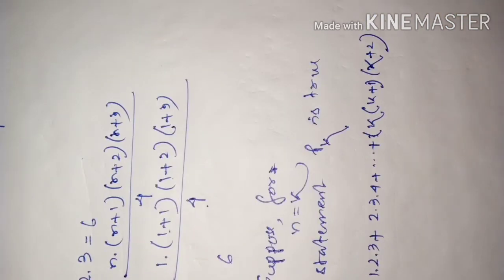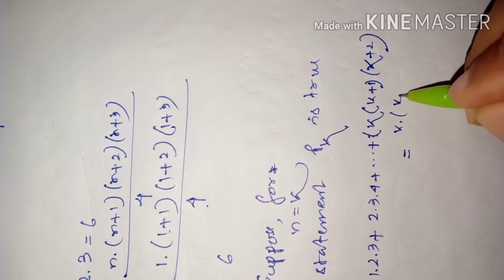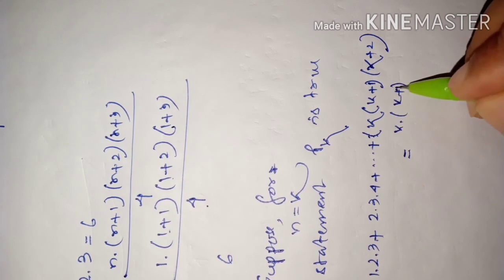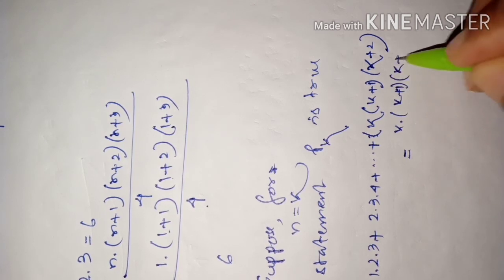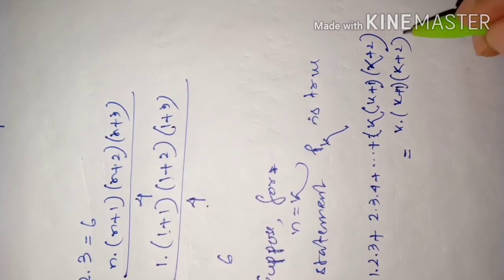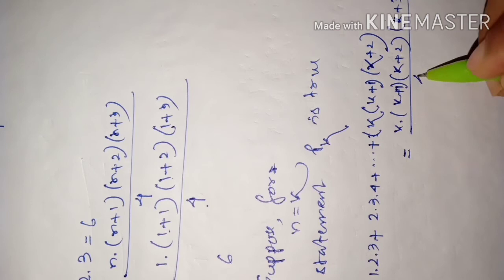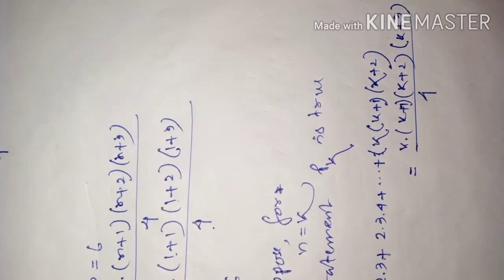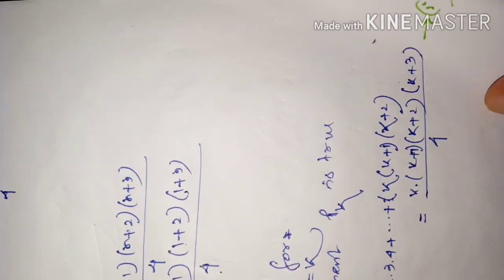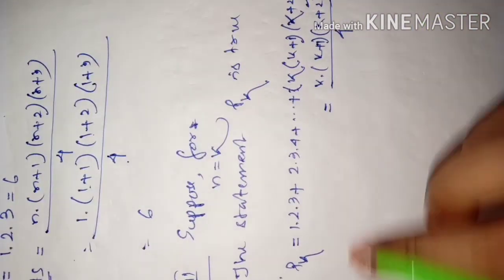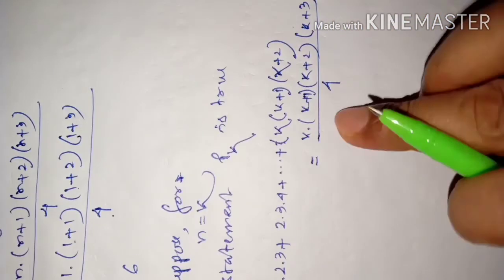For this, the right hand side is equal to k into k plus 1 into k plus 2 into k plus 3, whole divided by 4. Let us mark this statement as statement 1. Later on we can use this statement.